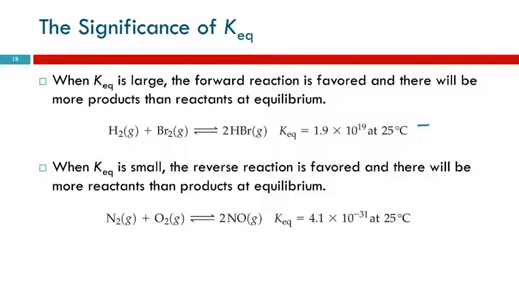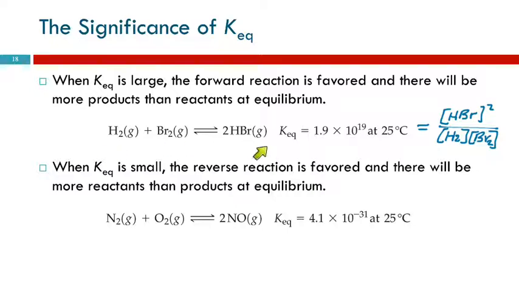Well, that's equal to the concentration of the product squared divided by the concentration of the reactants. So if this is a really, really big number, that tells me that the numerator has to be big and the denominator has to be small. So that tells me there's a lot more product at equilibrium than there are reactants.